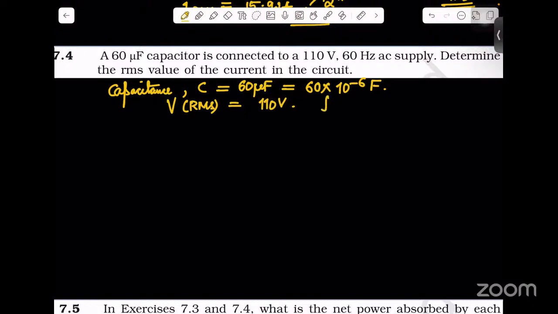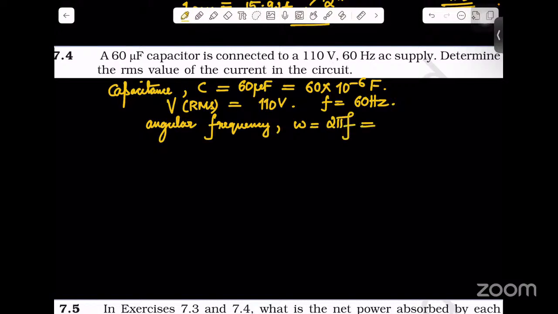And the source frequency is 60 hertz. Now the angular frequency approach is similar to the previous question. The angular frequency omega would be 2 pi f, which is 120 pi, because f was 60 hertz.